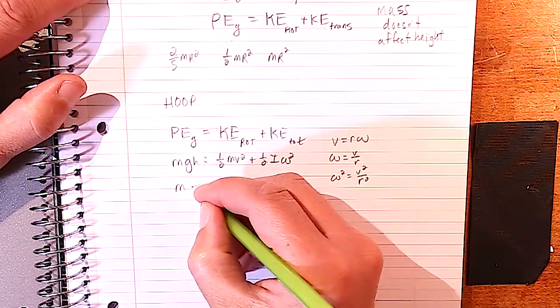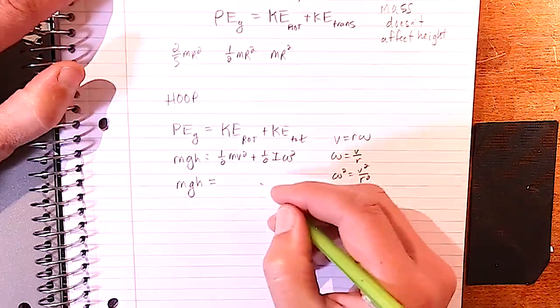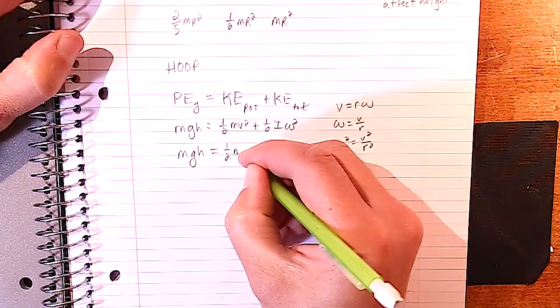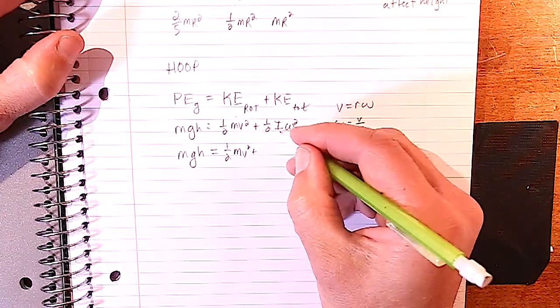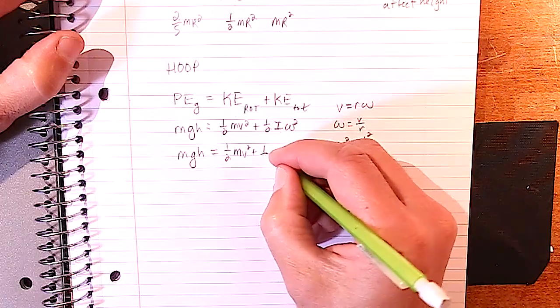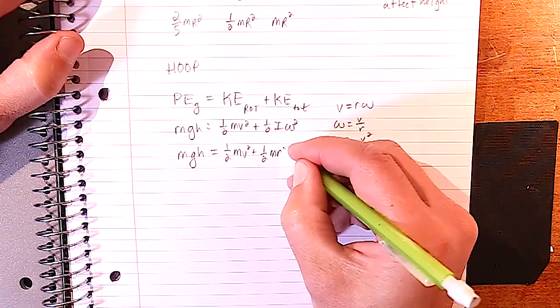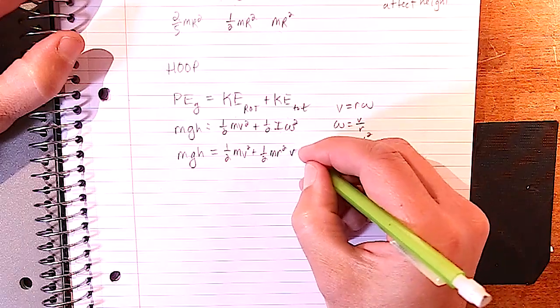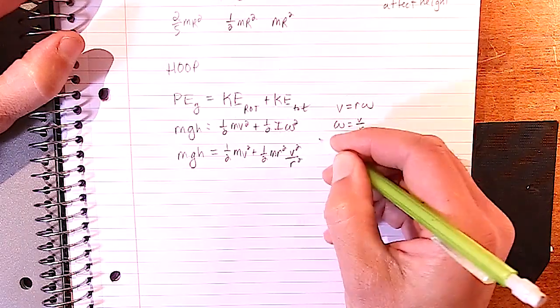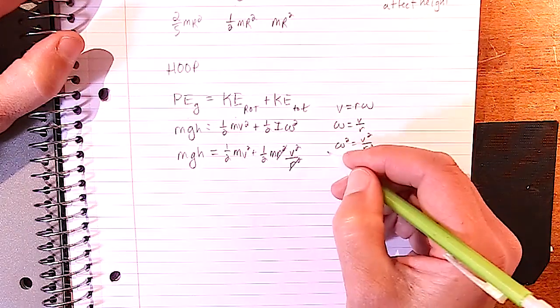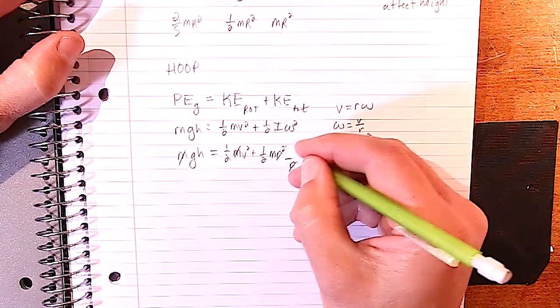And we can rewrite this as mgh equals 1/2 mv squared plus, what's I for a thin hoop? If you remember, it's mr squared. And we can sub in v squared over r squared. And the r squareds will cancel. The m's will cancel.